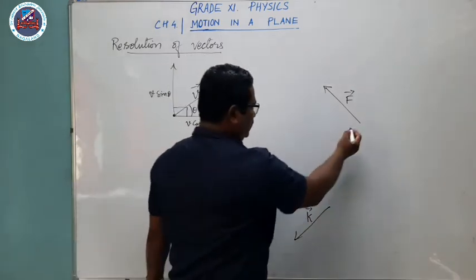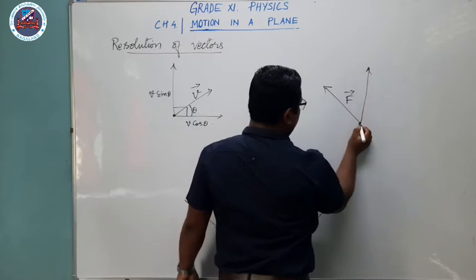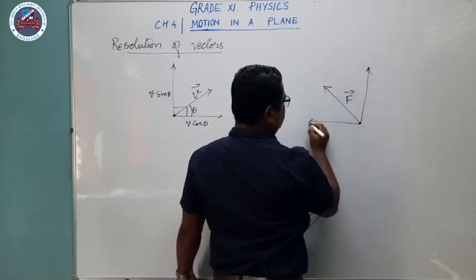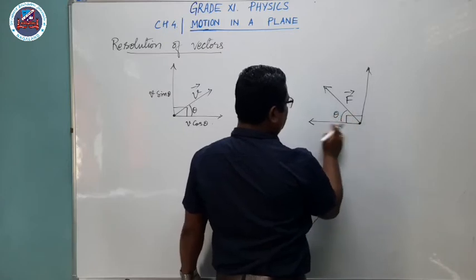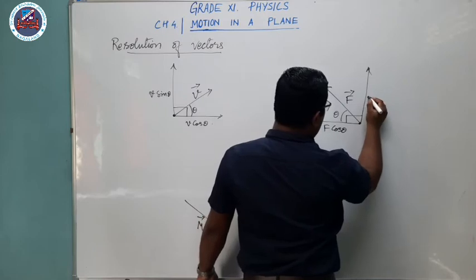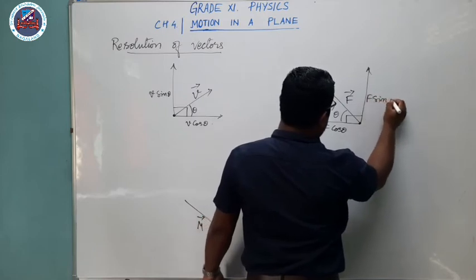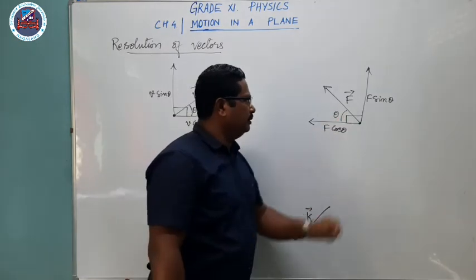Suppose this is the tail of the vector. The starting of the vector is called the tail. Make 90 degrees like this, then mark this angle as theta. Towards the x-axis it will be f cos theta, and towards the y-axis it will be f sin theta. So like this you can resolve the vector f.